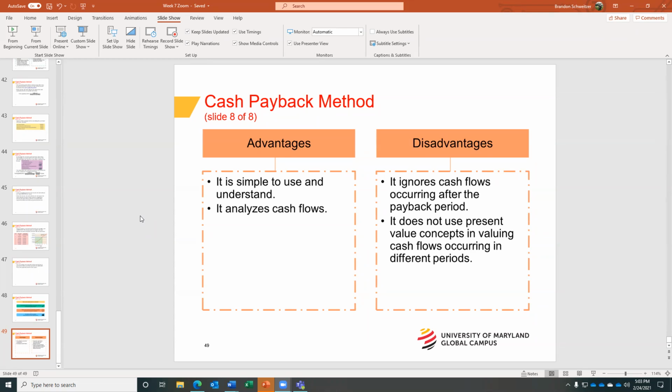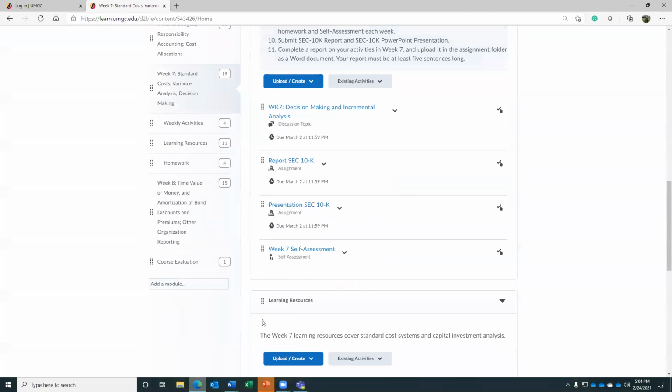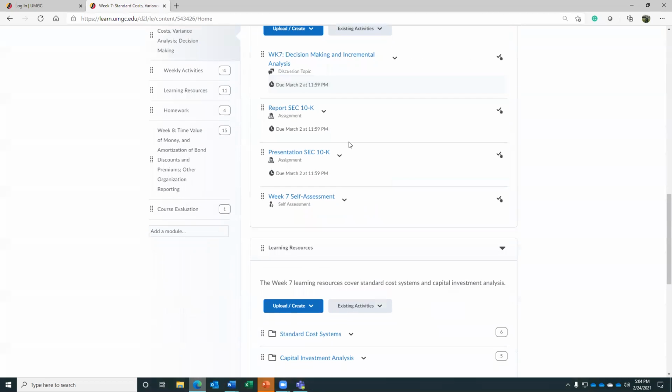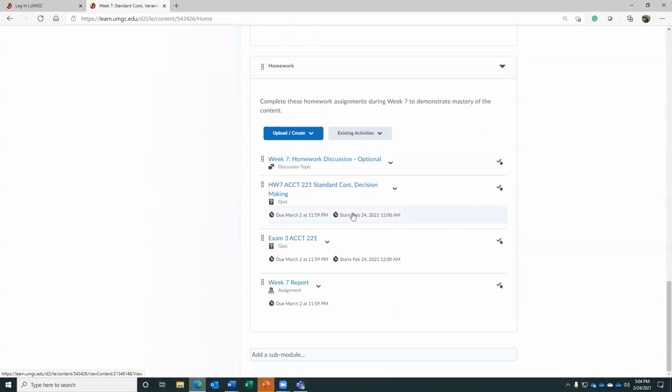Other than that, as a friendly reminder, what do we have going on this week? This is the busiest week of the course. We have a discussion on make or buy using incremental analysis. We have our final 10K report due. Our final PowerPoint is due. We have a homework assignment. And, oh my goodness, we have exam 3.